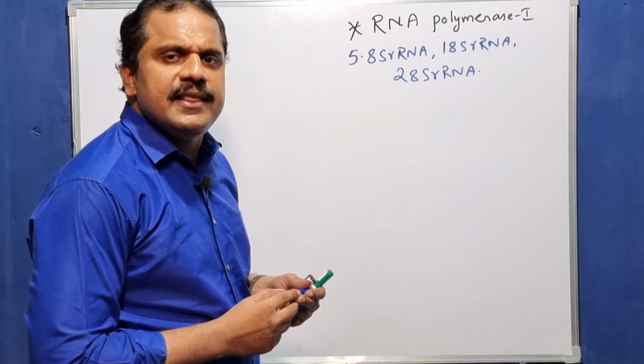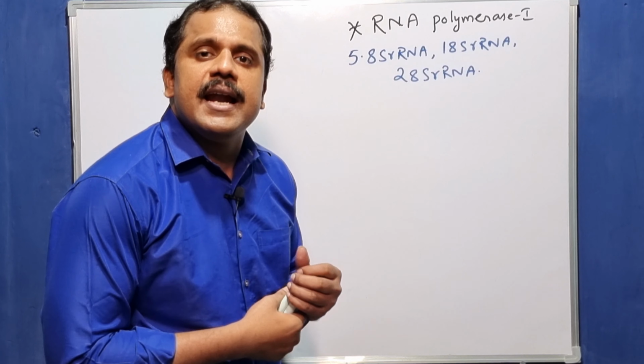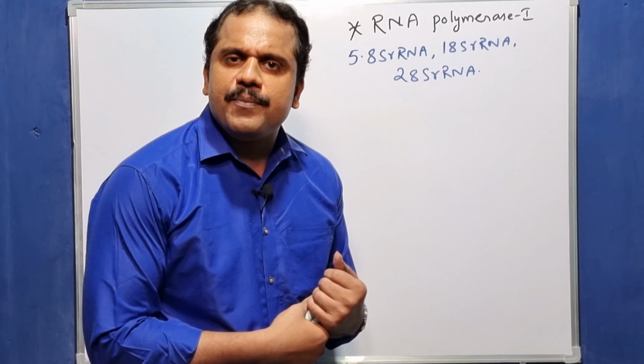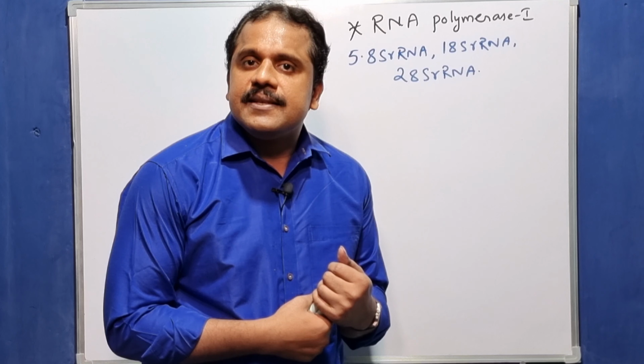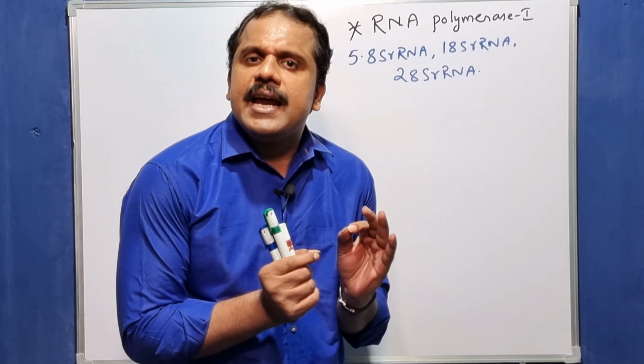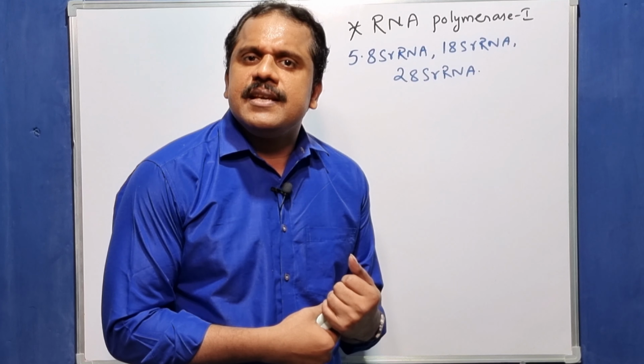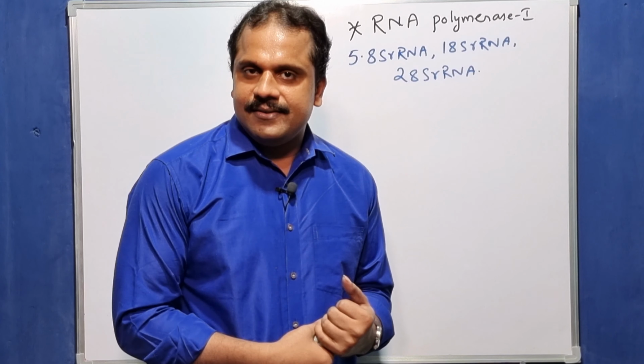So all these rRNAs which exist in eukaryotes undergo the processing mechanism. But the 5S rRNA, which is synthesized by RNA polymerase 3, does not undergo any processing event. Is it clear?